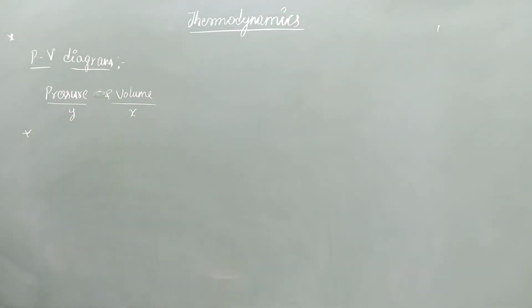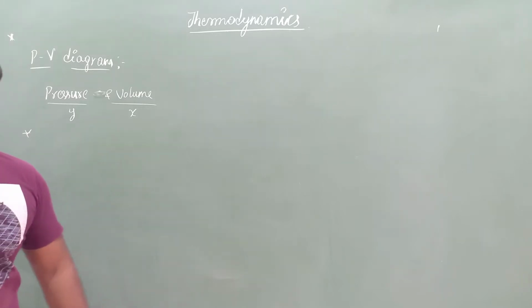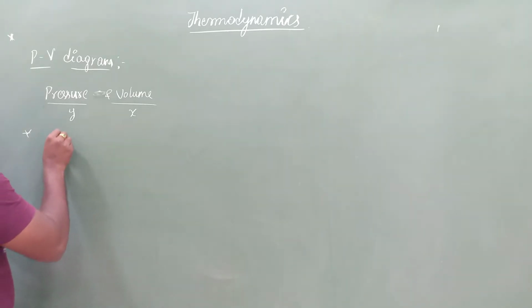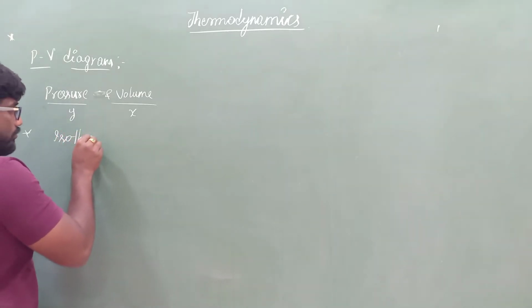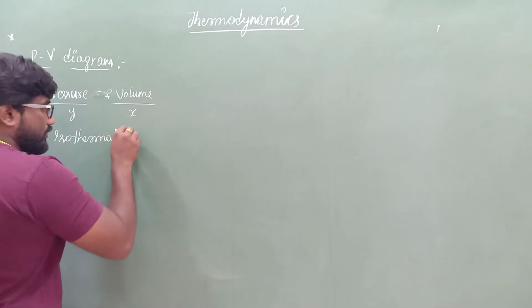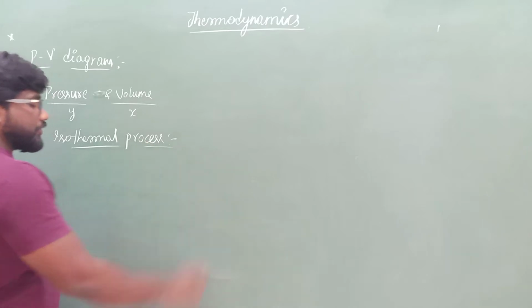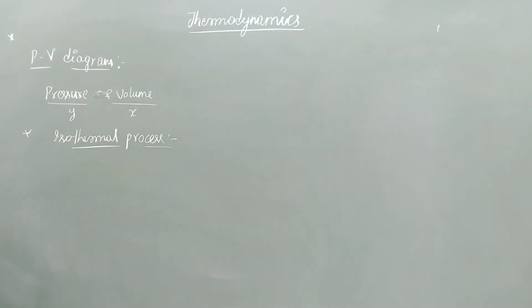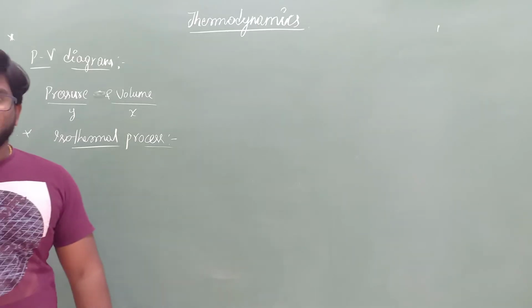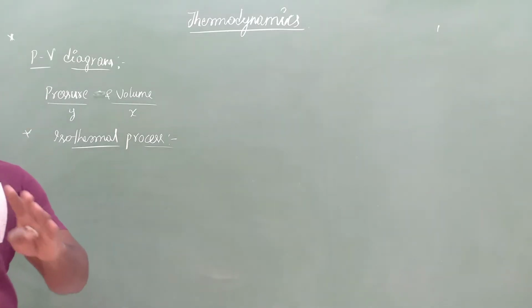How do you represent the graph of PV diagram in case of isothermal process? Let me write isothermal process. You know what you mean by isothermal process? It is the process in which pressure is inversely proportional to volume, where the temperature of the system will remain constant.